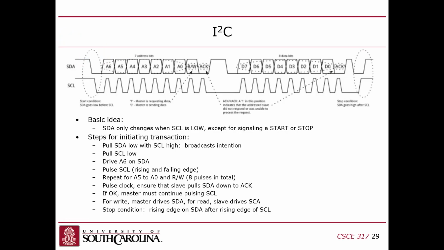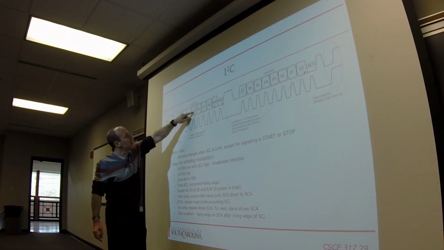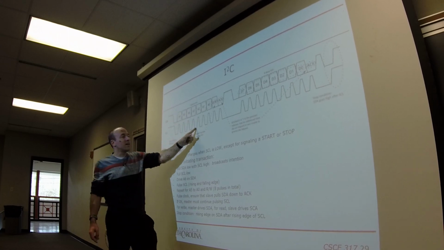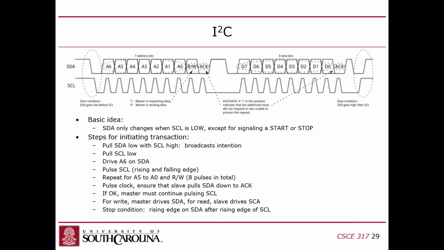Notice that the data is changing. It changes whenever there's a transition here, right? But notice that every time the data changes, which is where these crosses are, the clock is low. And while the data is stabilized, the clock goes high and low, right?